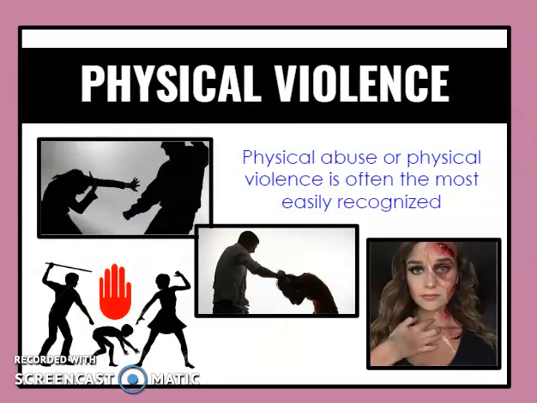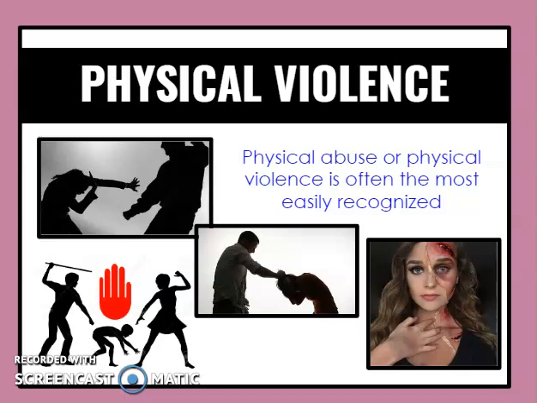So what is physical violence? It's probably the one that we can see the most, right? We'll be able to see bruises or something on somebody. So it's any act which causes physical harm as a result of unlawful physical force. Physical violence can take the form of, amongst other things, serious and minor assault, deprivation of liberty, and manslaughter.